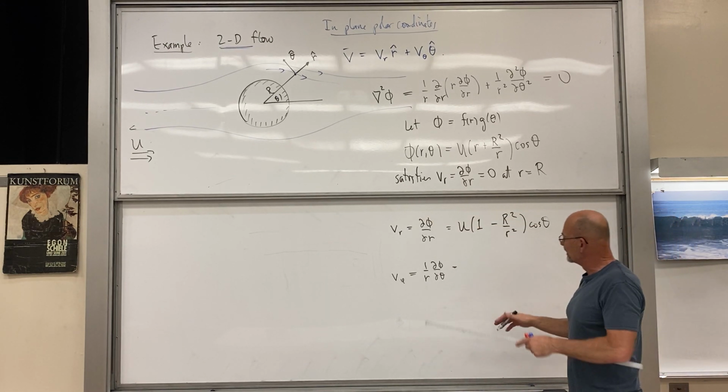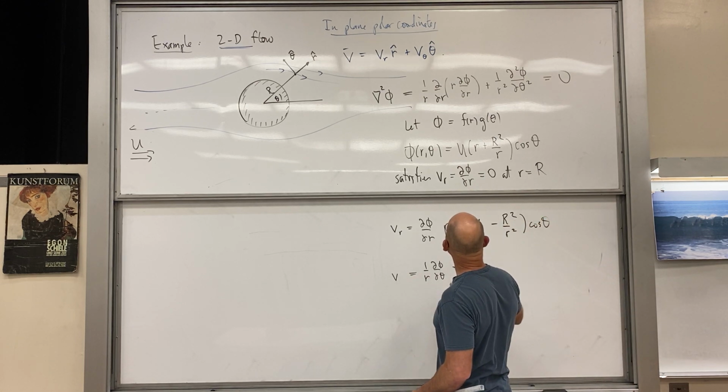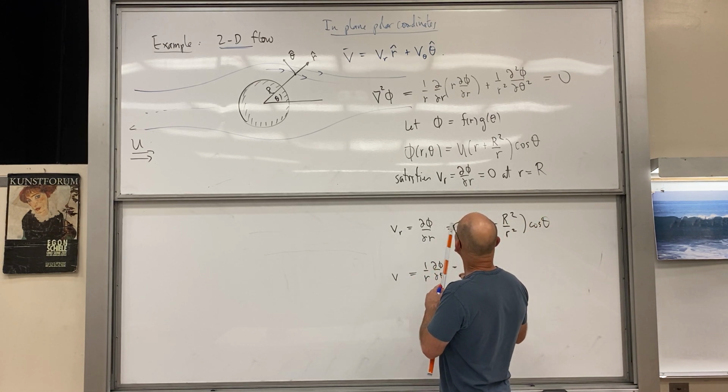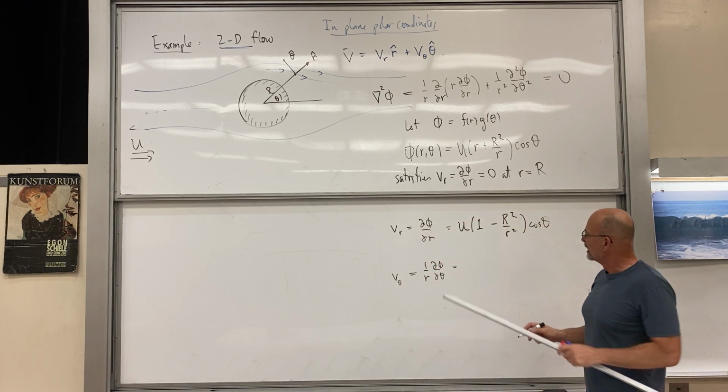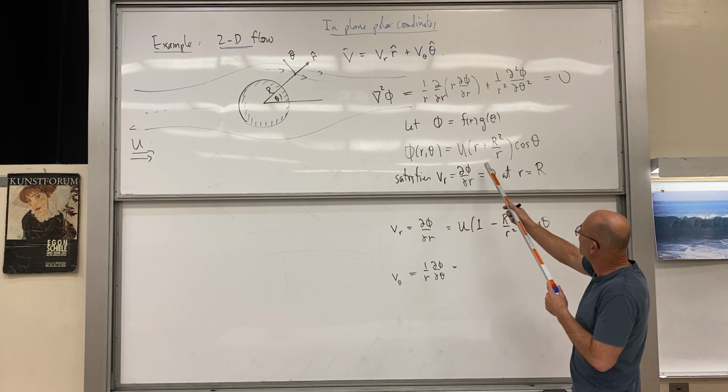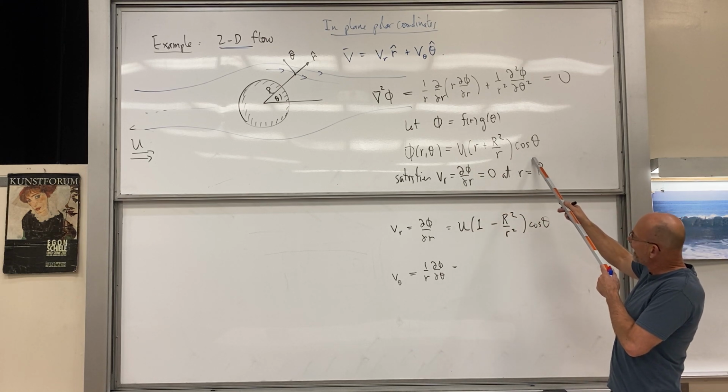Good, so we have that. Now what about v sub theta, 1 over r d phi/d theta?